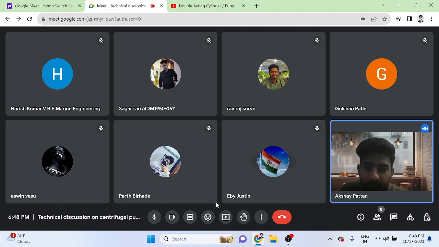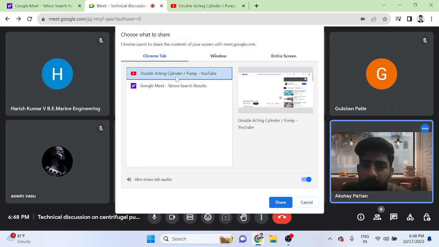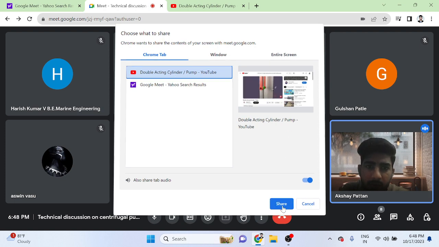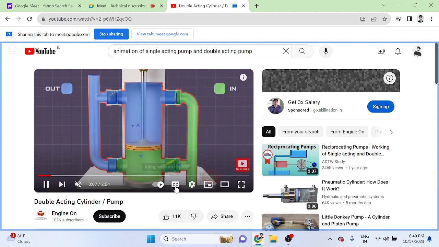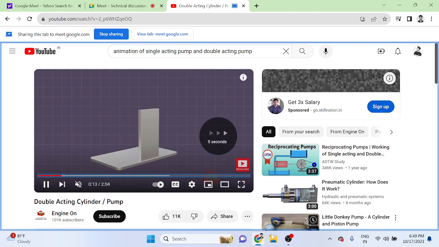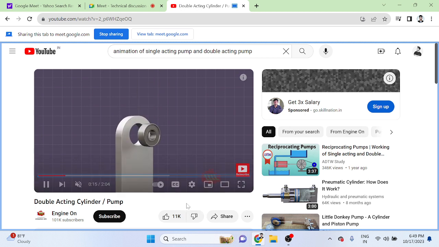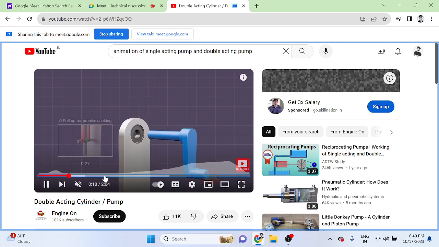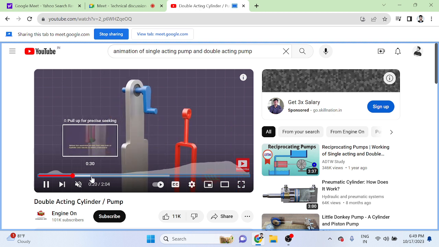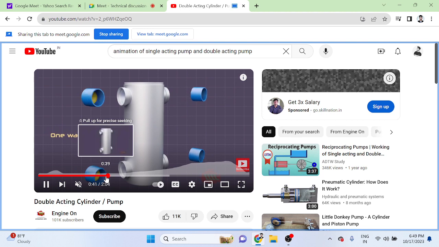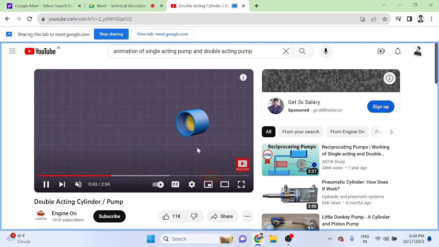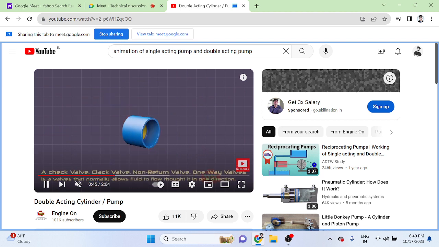I got an animation, guys. Just a second, I will share it. Is my screen visible to everyone? Yes. So here it is. There are two ports as you are seeing, inlet and outlet.